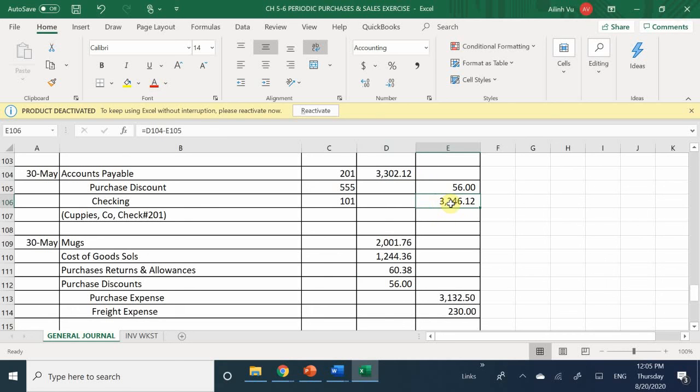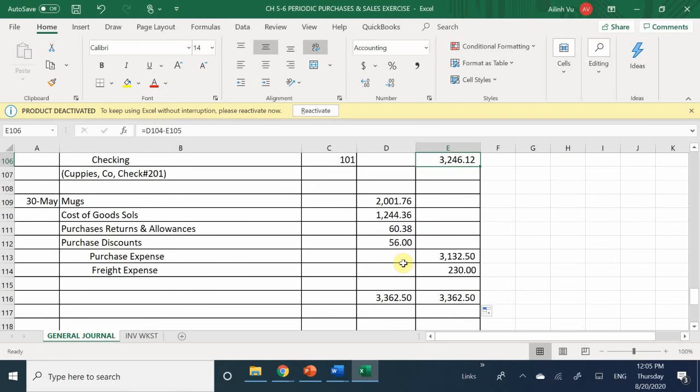So that was, yes. All right, so here we confirmed that both of our sides match, and this is exactly how it's supposed to be, right? We got our total purchases, our discounts reduce our purchases, and our returns and allowances reduce our purchases.